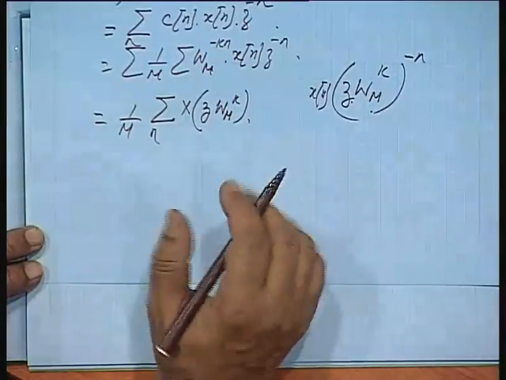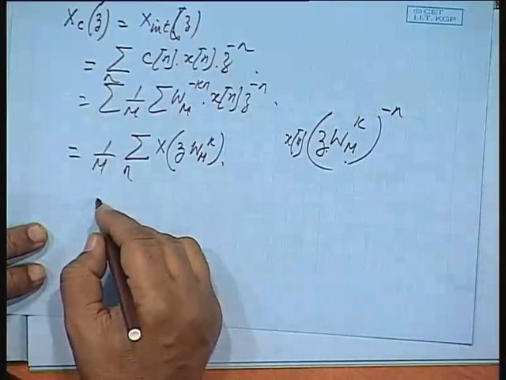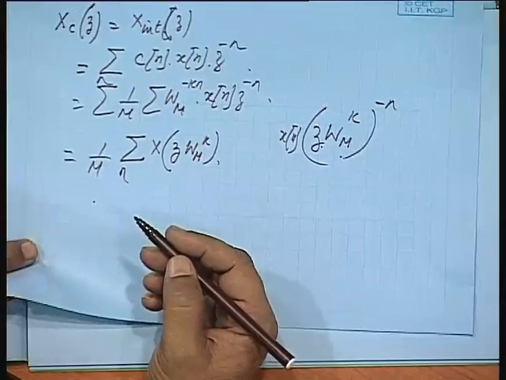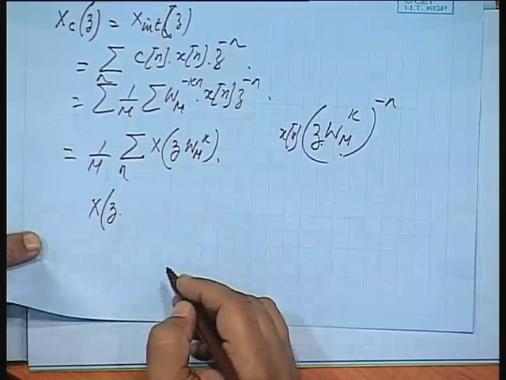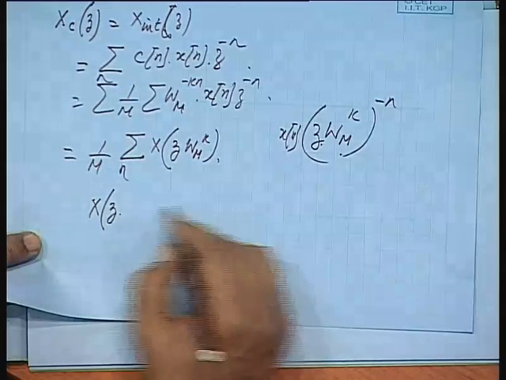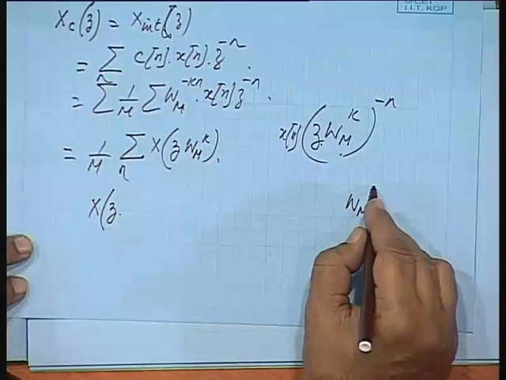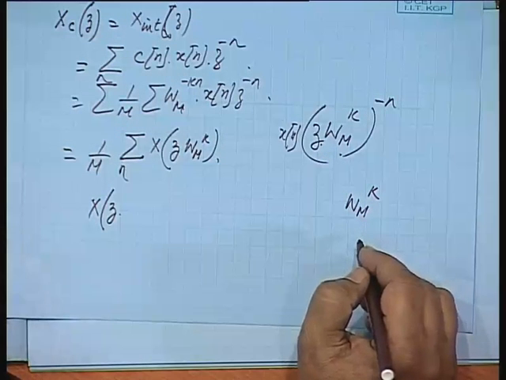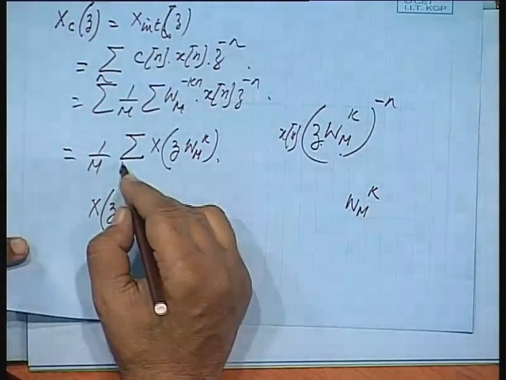If you know Z transform of x in a downsampler, suppose it is downsampled by 3, okay, then whatever X z is given, you multiply z by W M K, where it is summated over k.